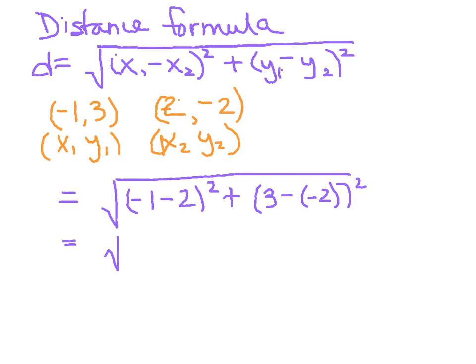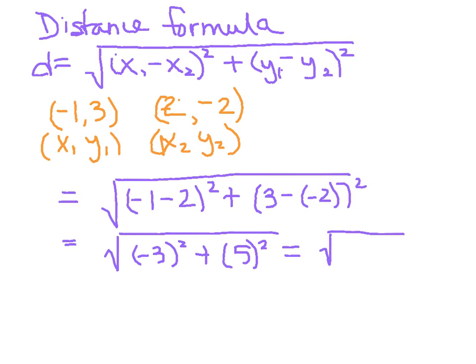That gives me the square root of -3 squared plus 5 squared, which is the square root of 9 plus 25, so I end up with the square root of 34. That's what the distance formula gives. Alrighty, that finishes that one.